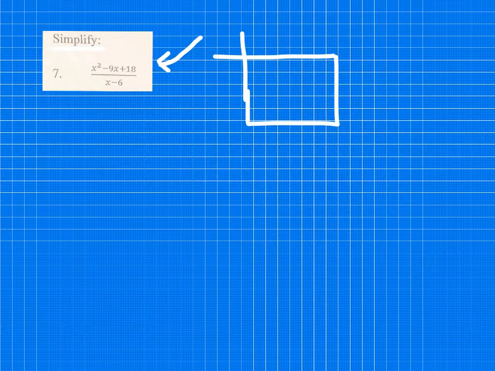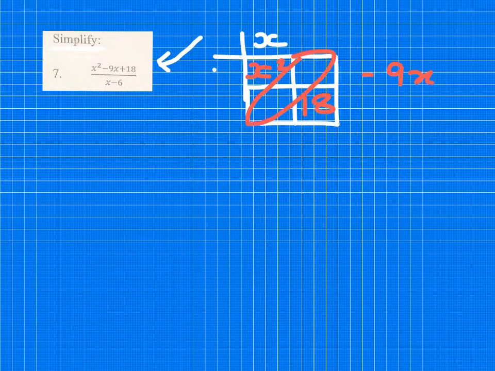So what's happening here is that we already know the body of the rectangle. We have x squared, we have 18, and we're not sure what these two values are, but they add up together to make minus 9x. With x squared we know that this must be x and this must be x.